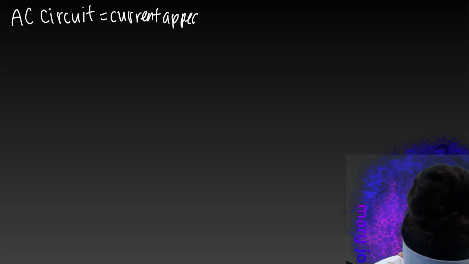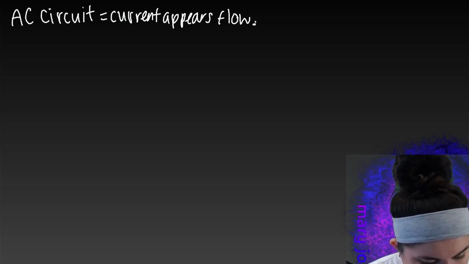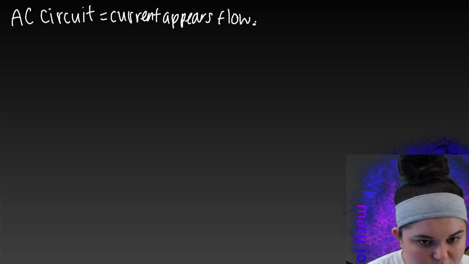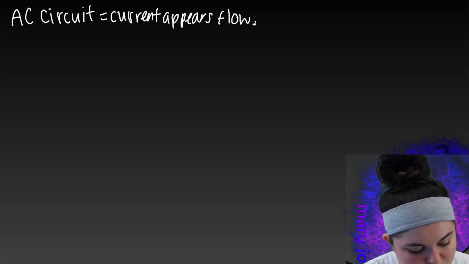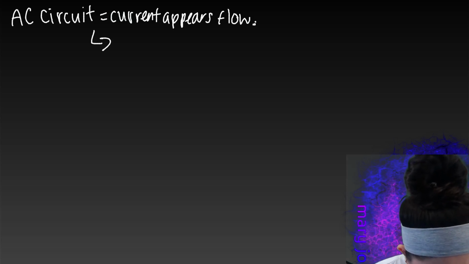Current appears to flow through a capacitor because of the continuous increase and decrease of voltage and because of the continuous change of polarity in a circuit. So it appears to flow because of the change in voltage and polarity.